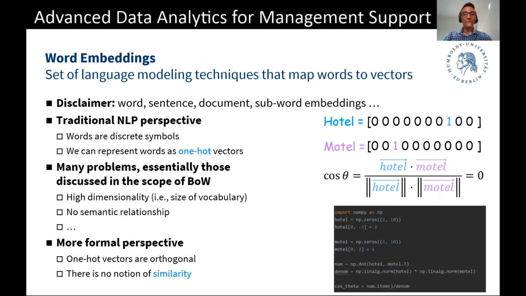It turns out, though, that the approaches that we use generalize, and that you could, in fact, also embed sentences or entire documents, or you could go to a more granular perspective and try to embed subwords or even individual characters and then map these to words.